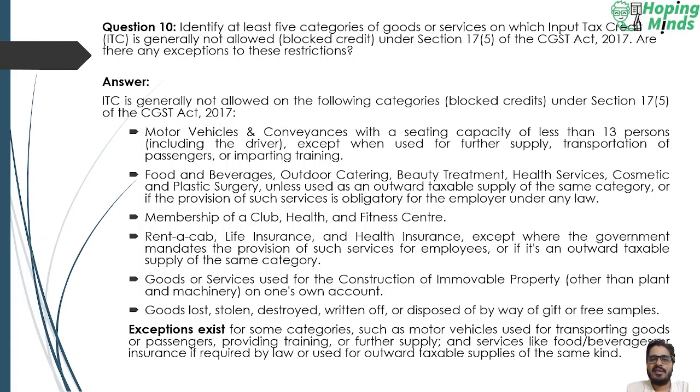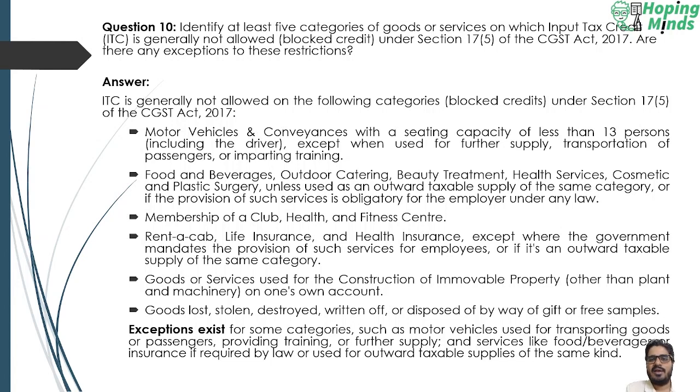Motor vehicles and conveyances with a seating capacity of less than 13 including the driver, except when used for further supply, transportation of passengers or imparting training. Motor vehicles have been defined as those motorized vehicles bearing power of more than 25 cc.